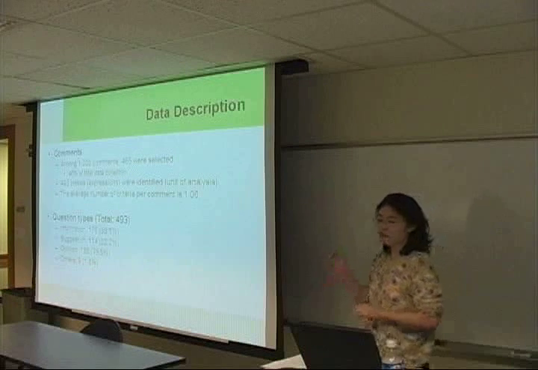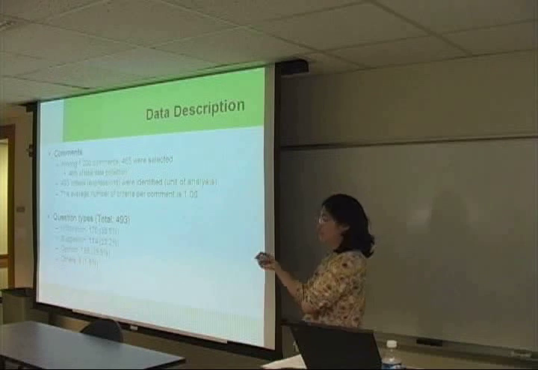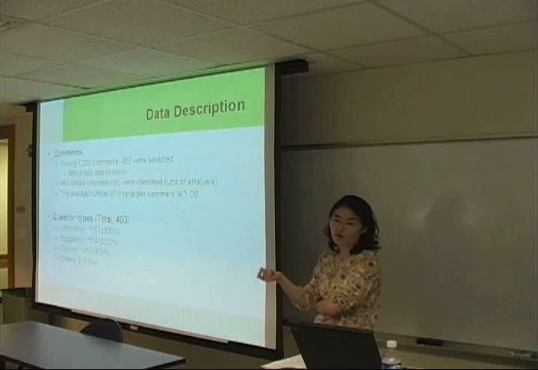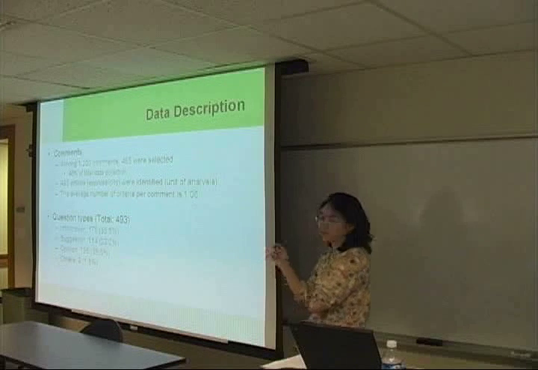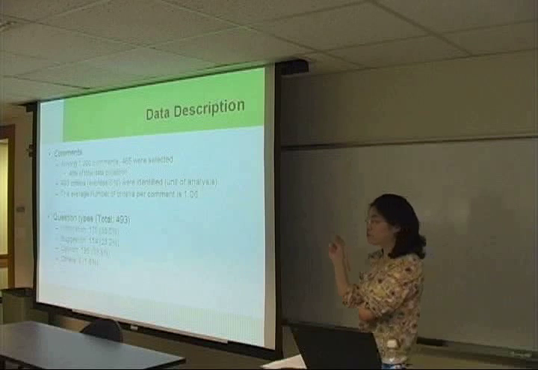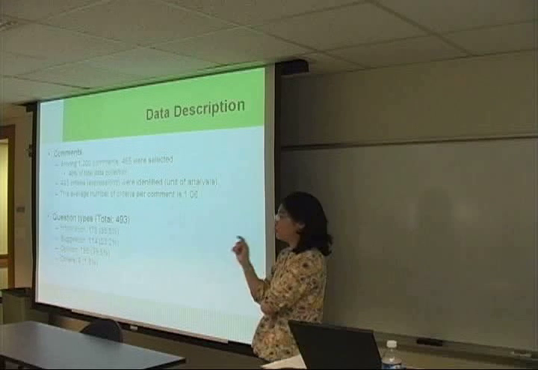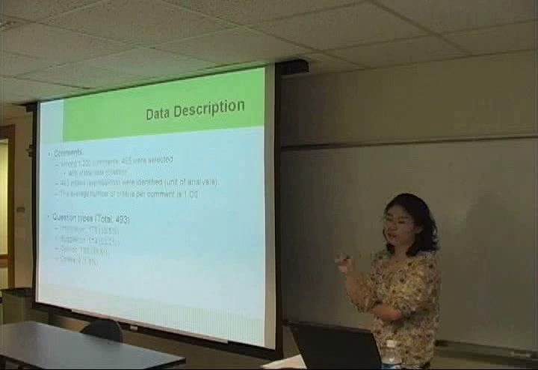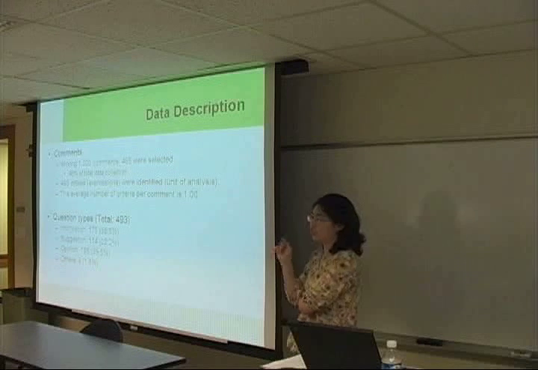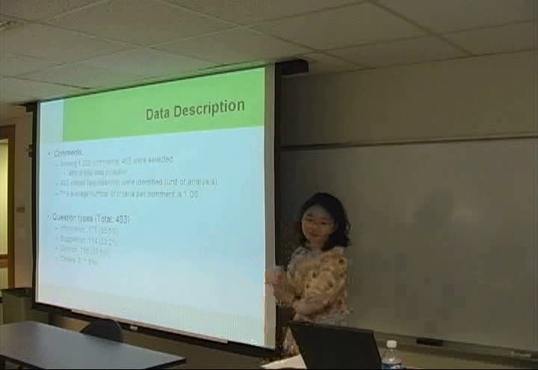And among the 465 comments, we selected 493 criteria. We call them criteria; they are expressions that people made. Those criteria became our unit of analysis for this study. The average number of criteria per comment is 1.06.